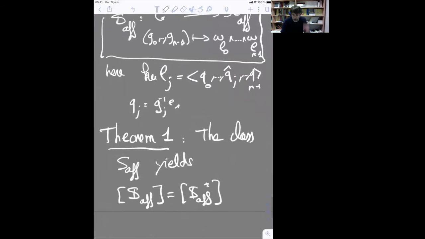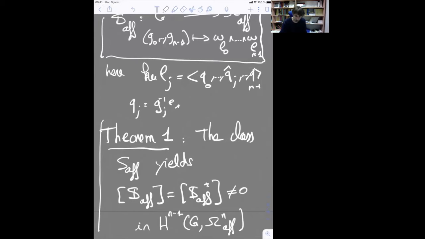So in fact, I should say the other way, these two cocycles define the same cohomology class, which is non-zero and belongs to Hn minus 1 of G with values in omega n affine.